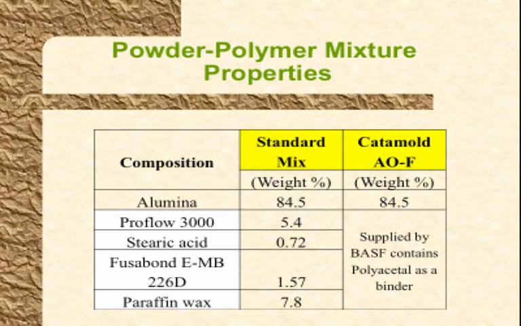Stearic acid and paraffin waxes are lower molecular weight materials, so you can say that they are used to control the rheology. In both cases you had an equivalent amount of powder. In the case of the commercial material, it's polyacetal, which is another polymer primarily. It has a little bit of polyethylene in it.